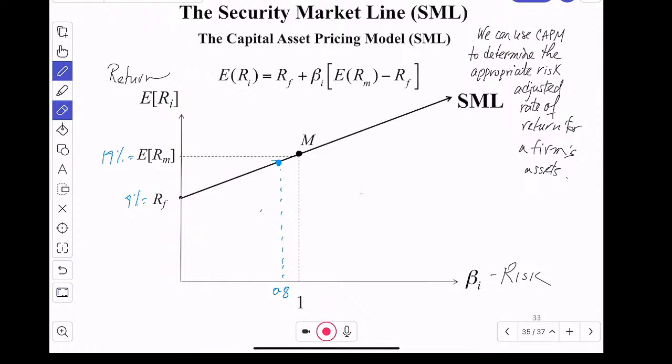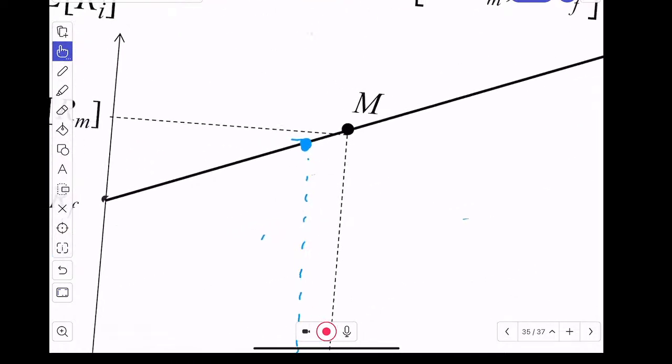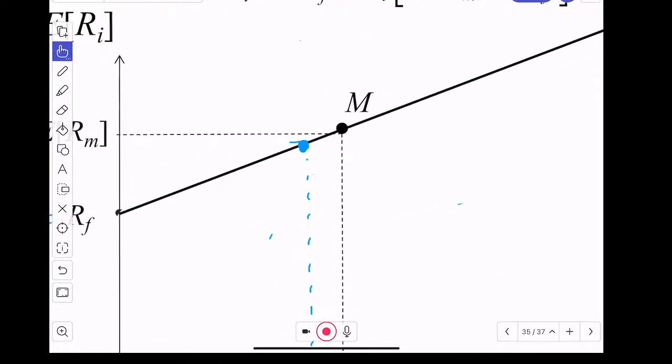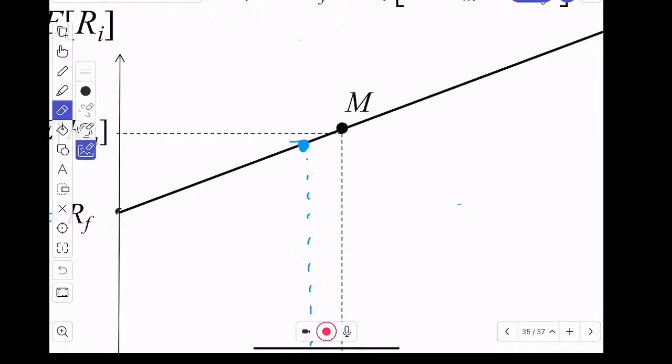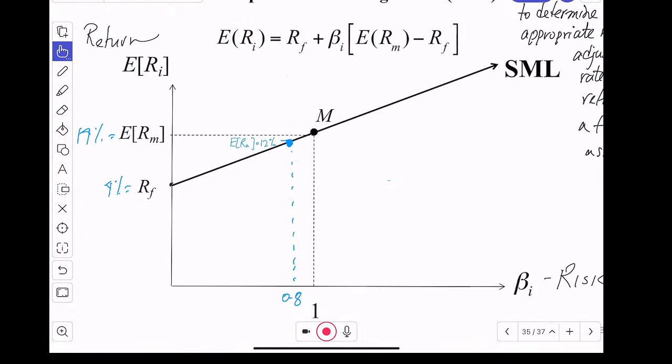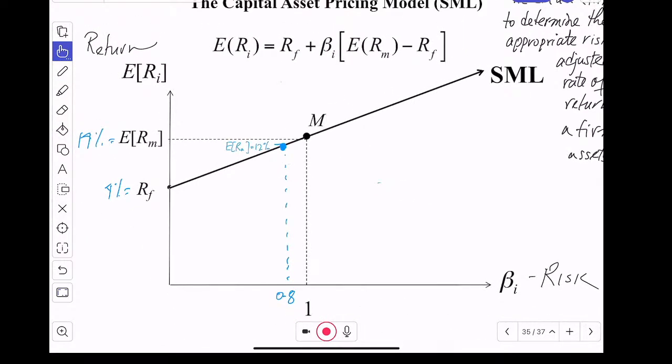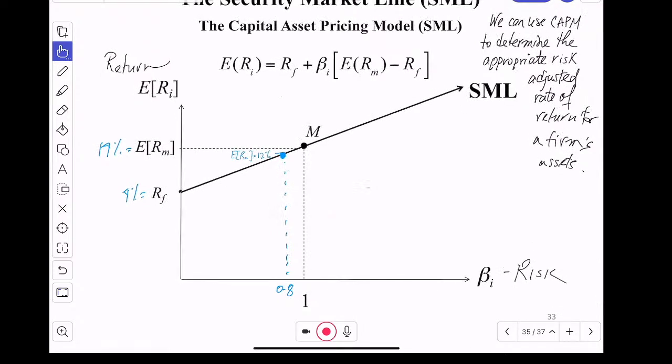Even though it doesn't fit in there, let's make it a little bigger. So that's what you've figured out.